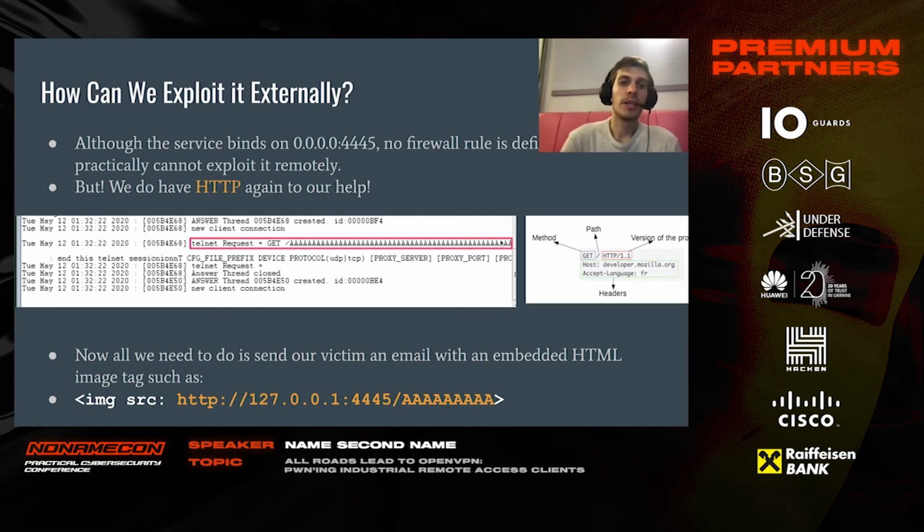So now all we needed to do is send our victim an email or HTML page with an image tag, something like this. All we needed is a very long URL, so that once the backend service gets this URL, it will try to do some stuff with it in the debug log, and it will wrongly copy and overflow some data on the stack.